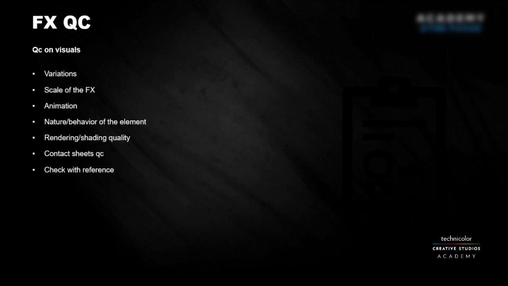As I said earlier, we have to check the main parameters, the key aspects of the effects. When checking effects, we have to see if it has enough variations, if it sells the scale, if the scale is right, and if it satisfies the animation principles, if it is working fine animation wise, movement wise, and looks good. Then we have to check the behavior of the element.